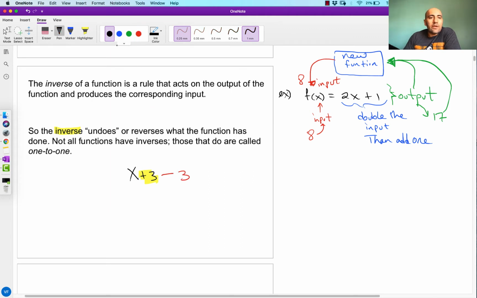So the operations of addition and subtraction are inverse operations.